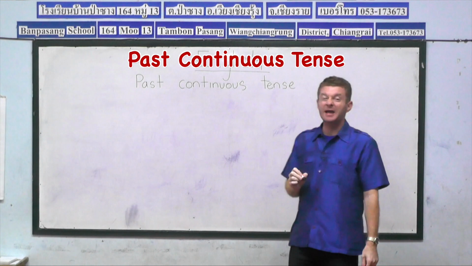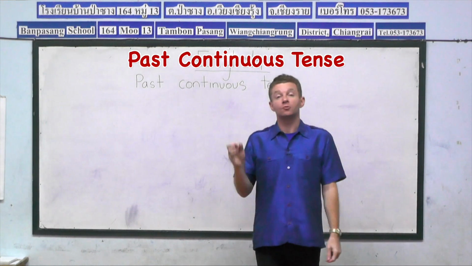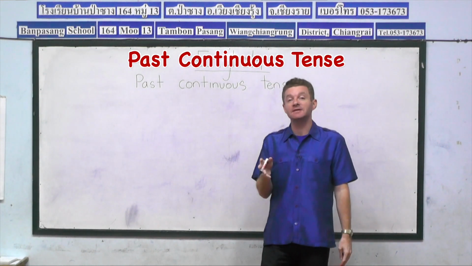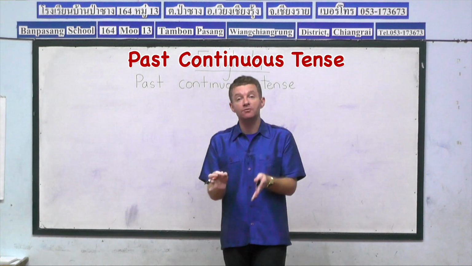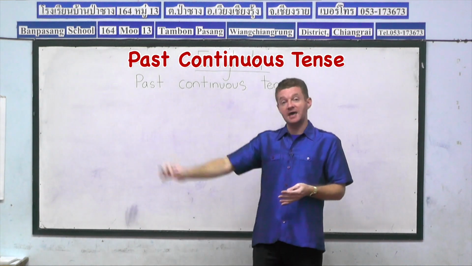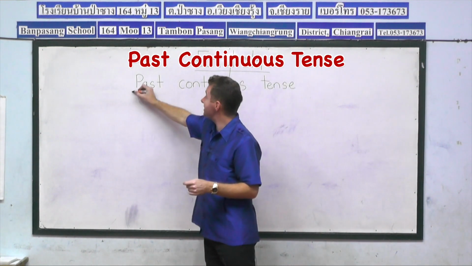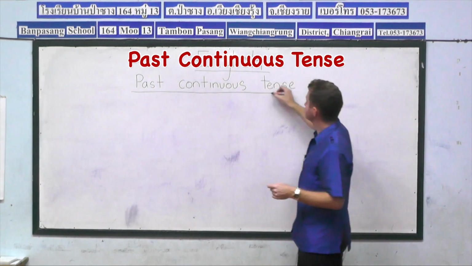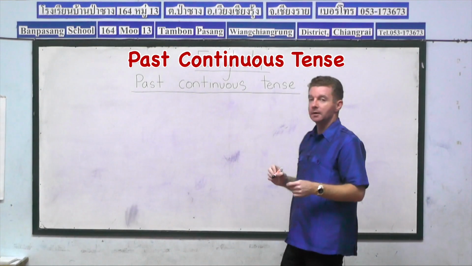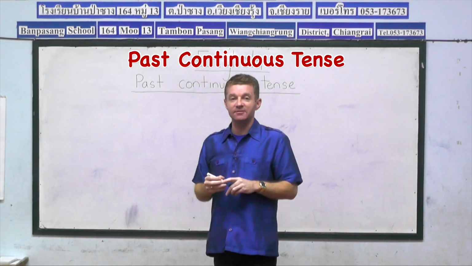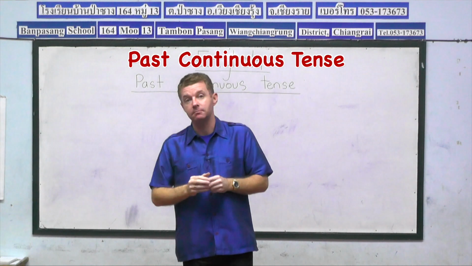E-N-S-E. Now, tense refers to the time period. So what we're talking about with the past continuous tense is something that was happening at a specific time in the past. So let's say the phrase together again, guys. Past continuous tense.